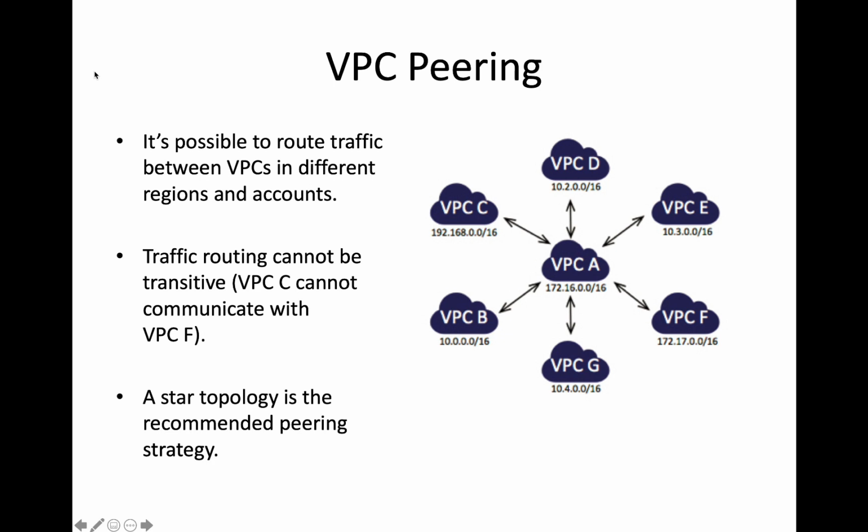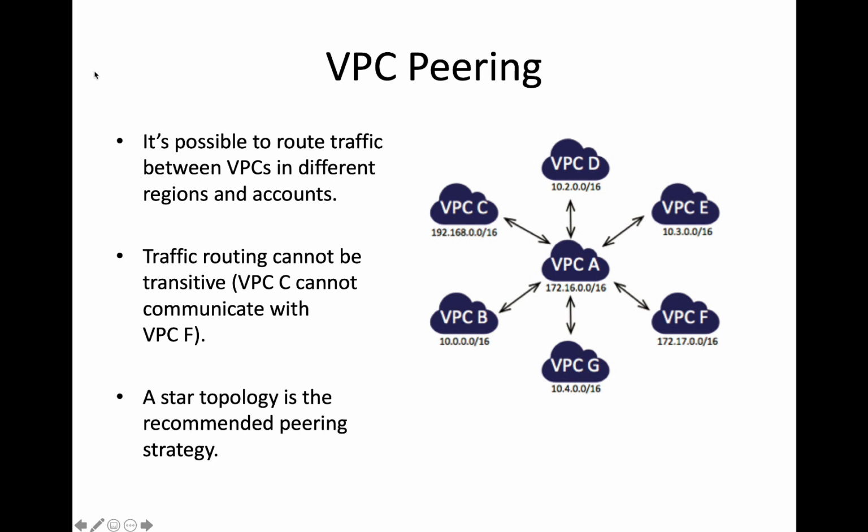We might have different applications and different services running in different VPCs. We may want those services to be able to communicate with one another using private network routing. And the only way to do that is by setting up a VPC peering connection between those VPCs.